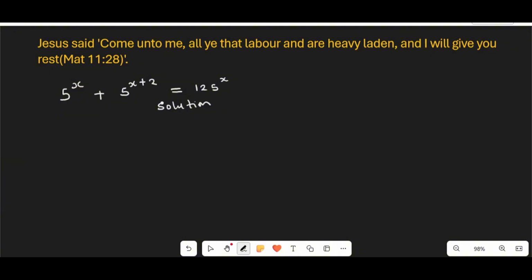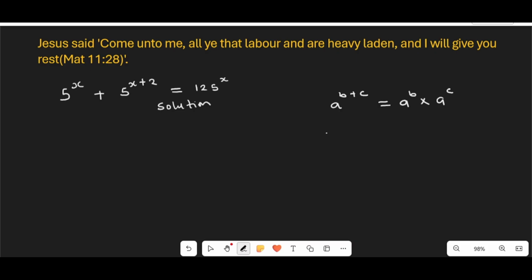I want you to recall this indices law. If a is raised to power b plus c, it is equal to a raised to power b multiplied by a raised to power c. So let us apply this principle for this expression.